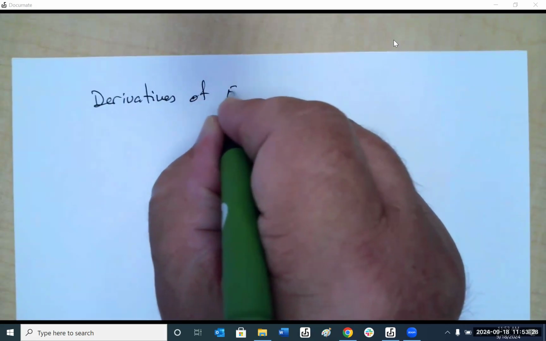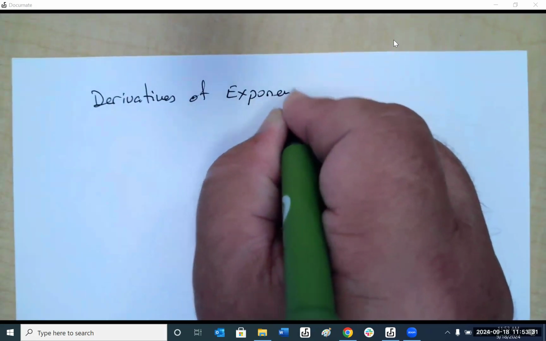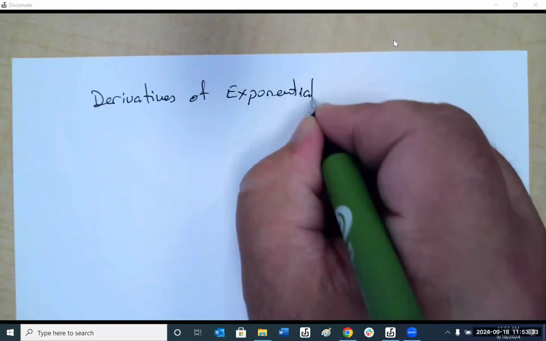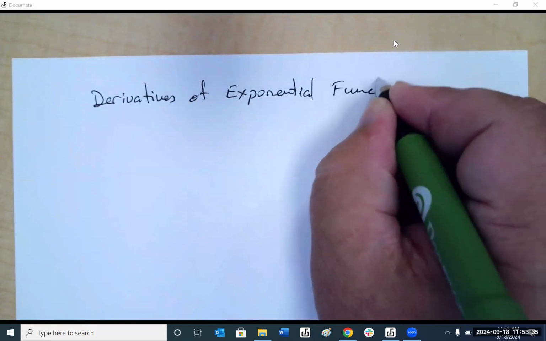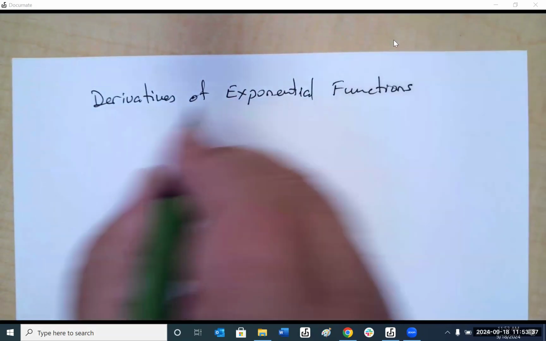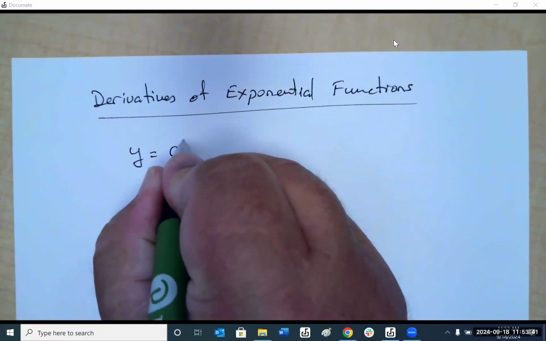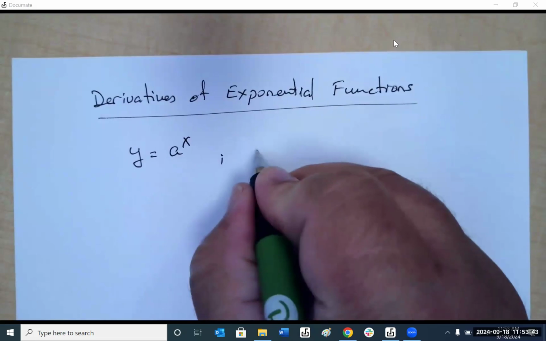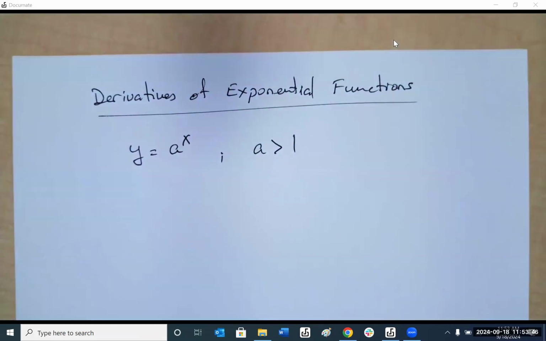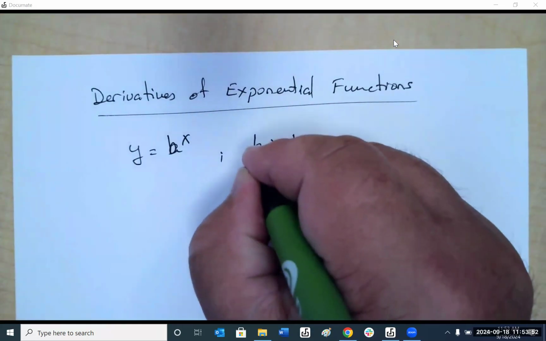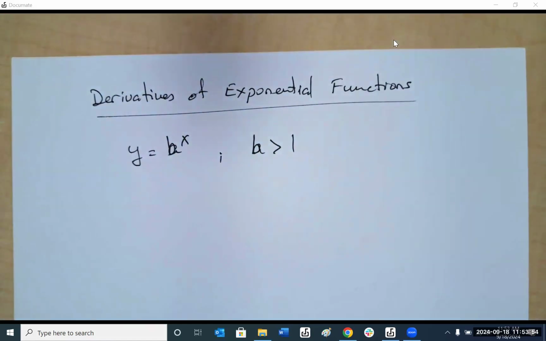Derivatives of exponential functions, where the base has got to be greater than 1. Let's use b for base. The base has got to be bigger than 1. So the derivative of an exponential function.